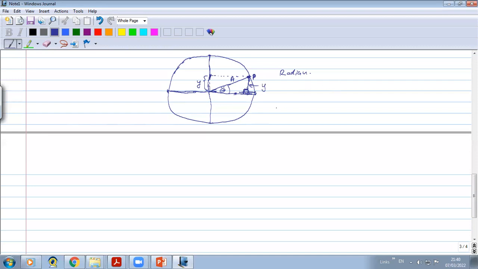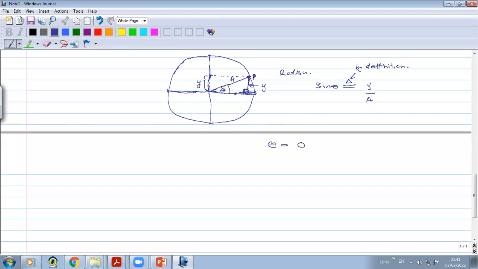If this angle is theta, we know by definition that sine theta is equal to y by a. I put this mark to represent the definition. So what happens if theta is equal to 0?